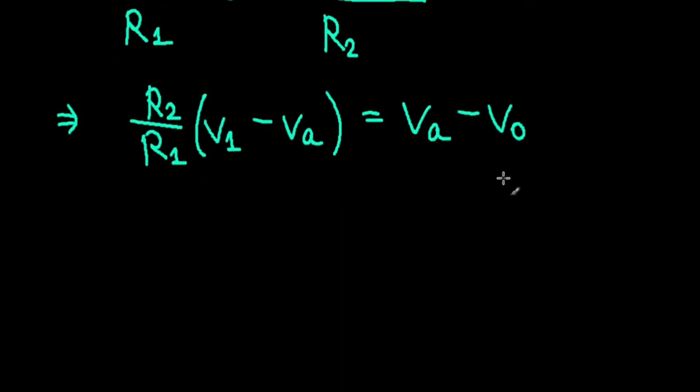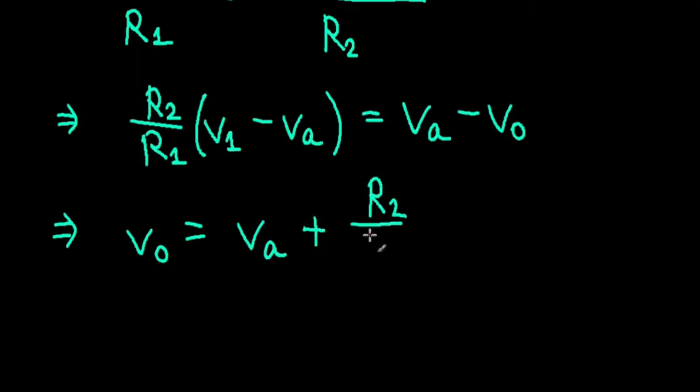So if we negate both sides and add V sub A, we get V output equals plus V sub A plus R2 by R1 times V sub A minus V1.